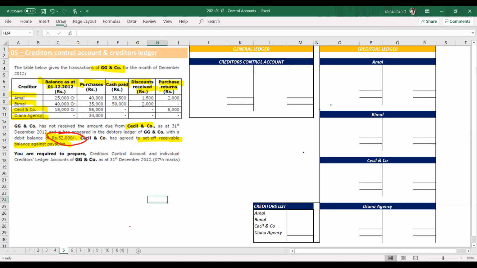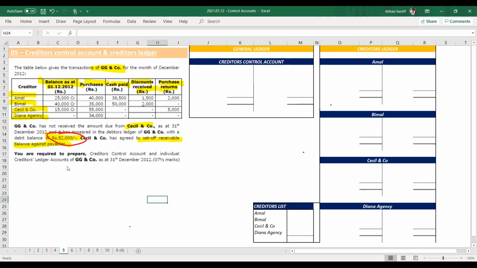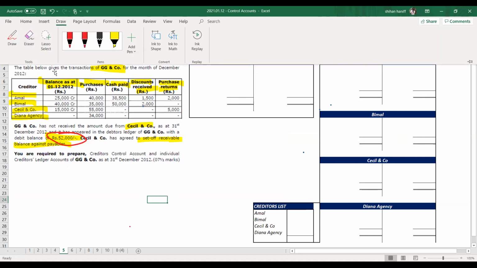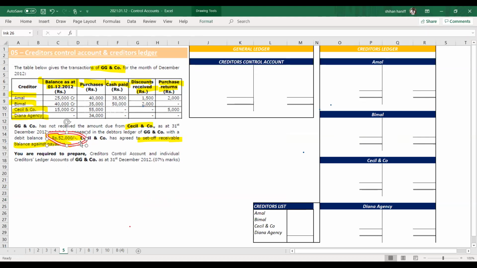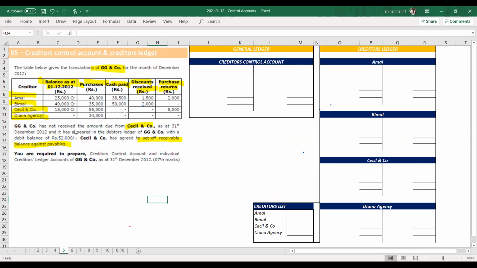Can you all do this? Draw general ledger creditors control account and individual accounts in the creditors ledger. And finally, creditors list.